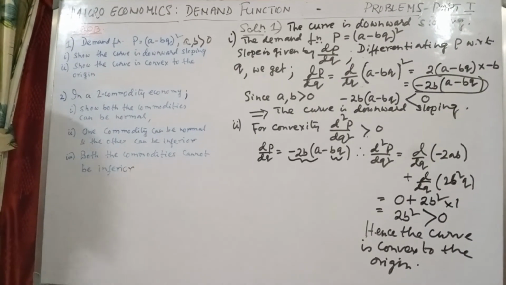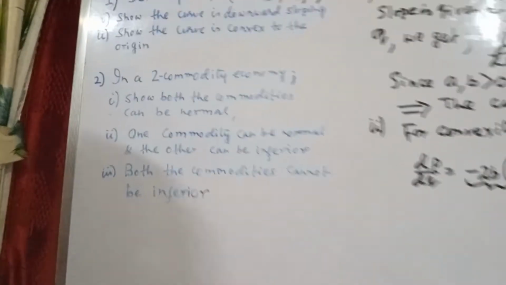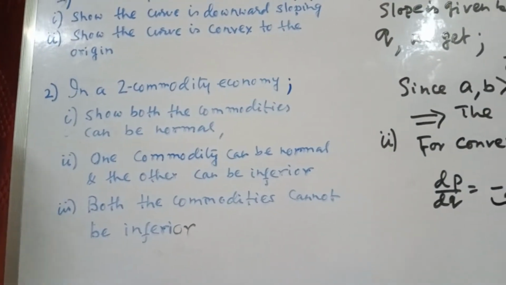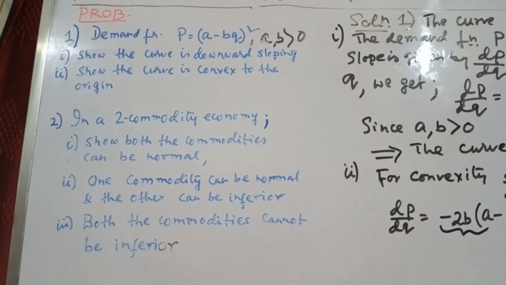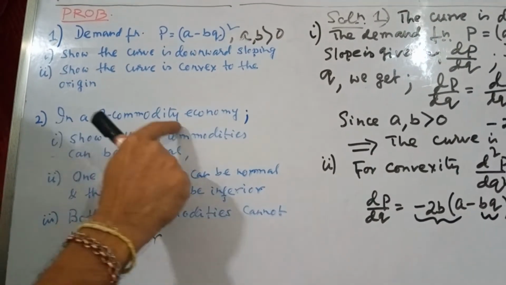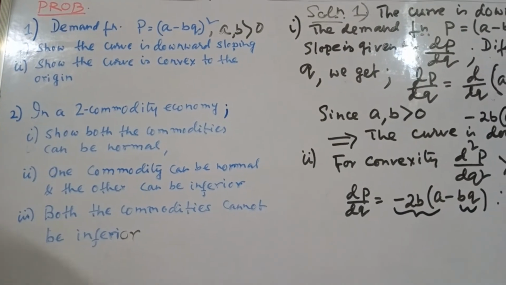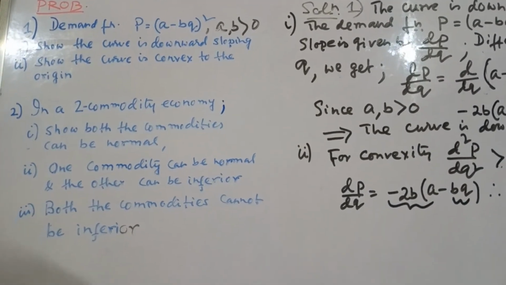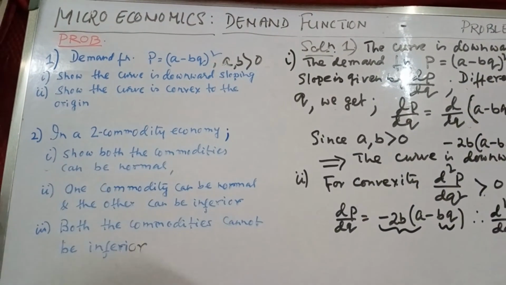Now come to the second problem. What is the second problem? It is given in a two commodity economy, an economy where there are two commodities, that is, the consumer is consuming only two commodities. Number one, show both the commodities can be normal.